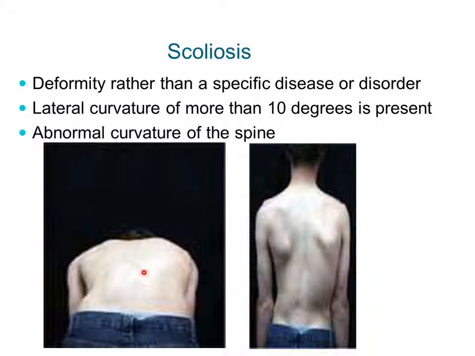This isn't the best picture, but when they're bent over in that Adams forward bend test, you can see that this side of the scapula is higher than this one. You can see how there's kind of a dent right here in this guy's trunk, and his hip is higher than on this side. By doing this simple screening, you can pinpoint or identify that curvature of the spine.